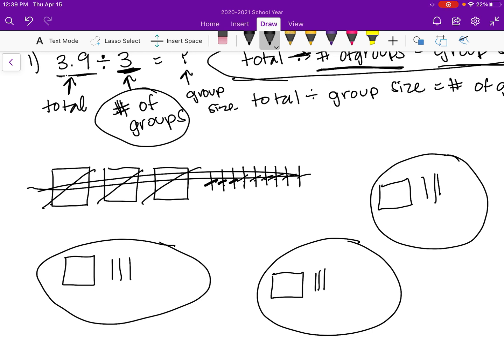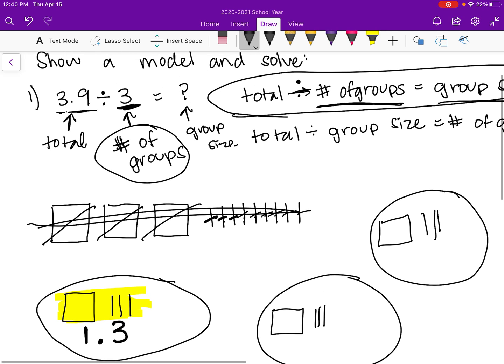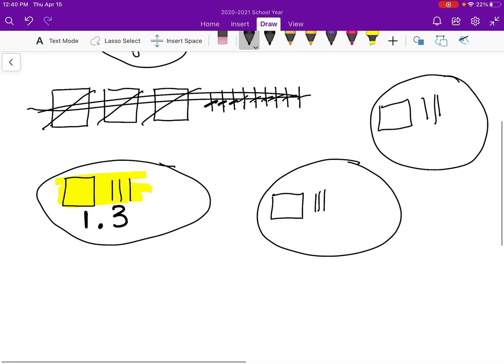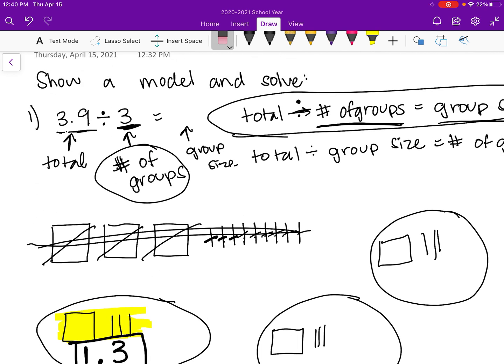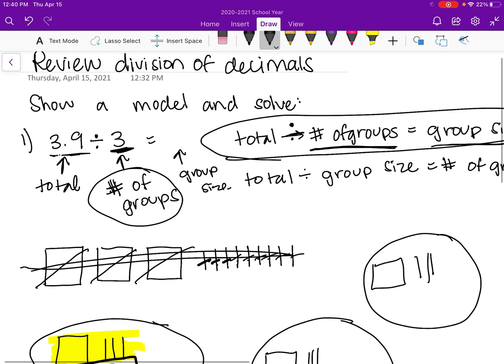I need to know the group size. Well, I can just count. What do I have in each group? I have 1 whole, then we have our decimal, and I have 3/10. So my answer is 1 and 3/10. My group size is 1 and 3/10. That's problem number 1.